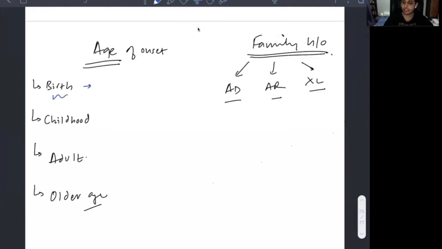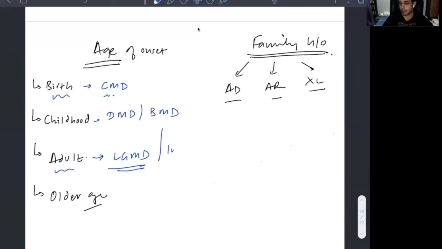So if the patient has signs of myopathy from birth, then it is likely to be a congenital myopathy. If it presents from childhood, then you have to think of Duchenne muscular dystrophy or Becker's muscular dystrophy. A lot of your limb girdle muscular dystrophies will present in adulthood, and also your inflammatory myopathies, such as polymyositis or dermatomyositis.